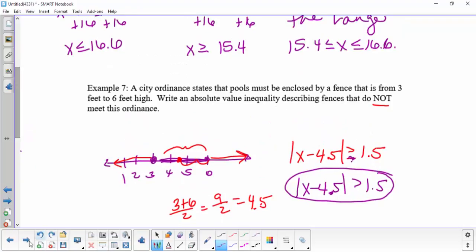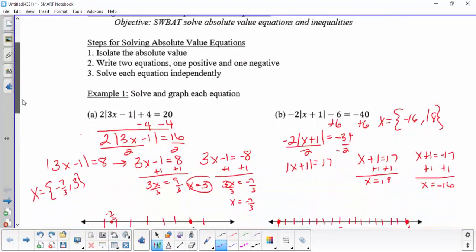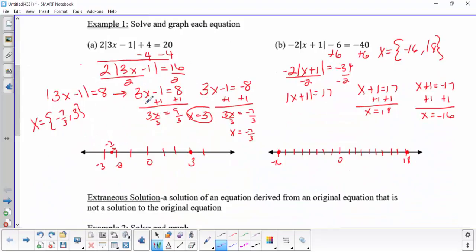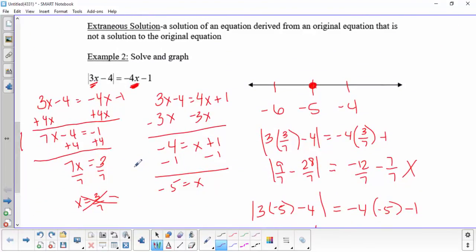Throughout this lesson, we started with a review of solving absolute value equations, where we made 2 equations, solved each equation, wrote our answer in set notation, and then graphed them as points on a number line. We then discussed extraneous solutions, solutions that look like they answer the problem, but when we check them, we determine that they are not actually solutions to the original equation.